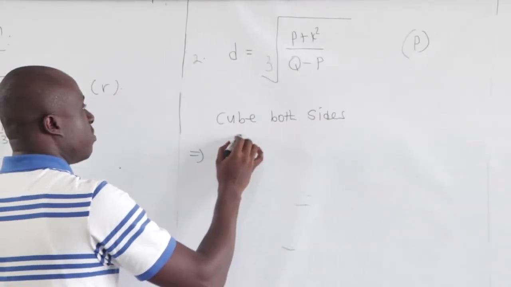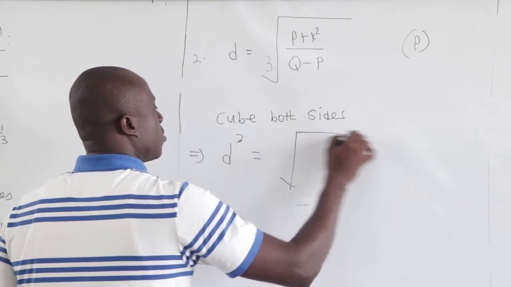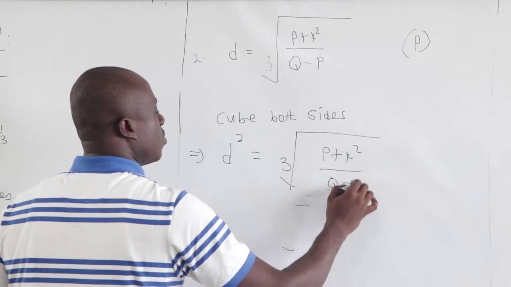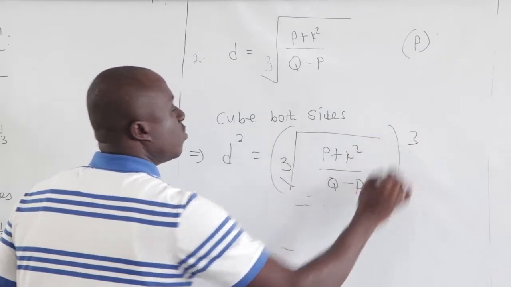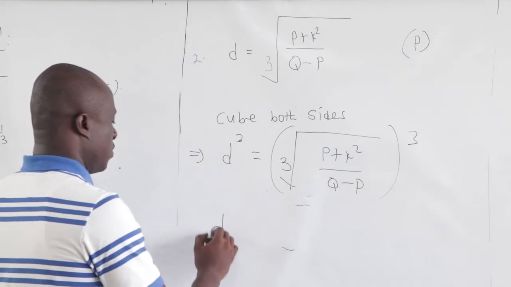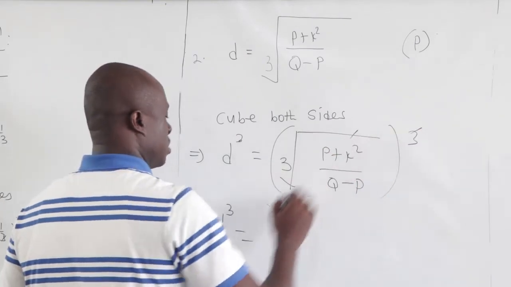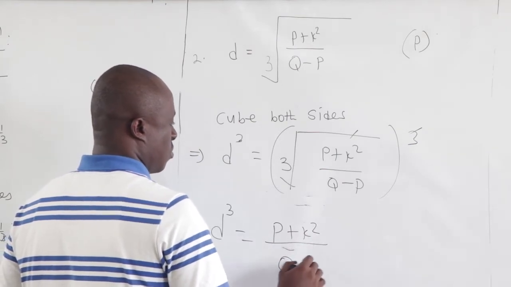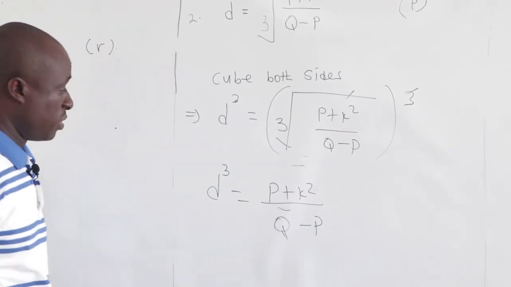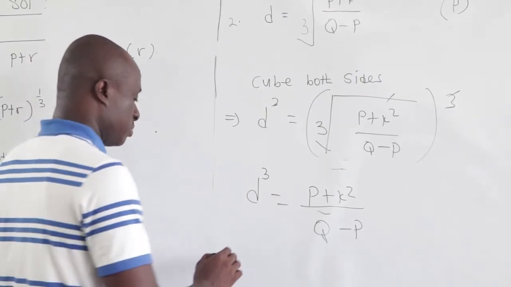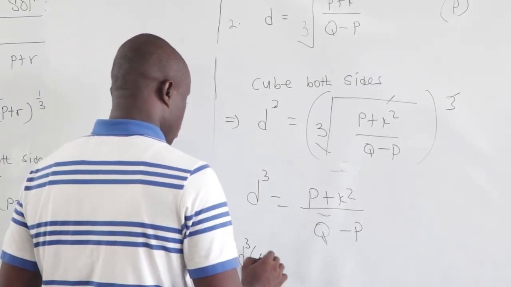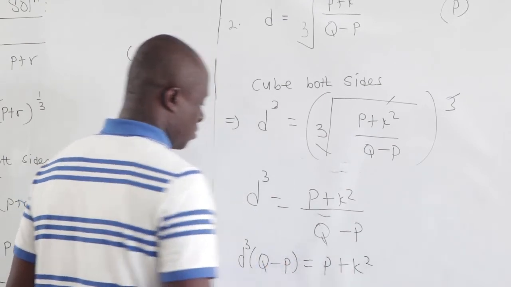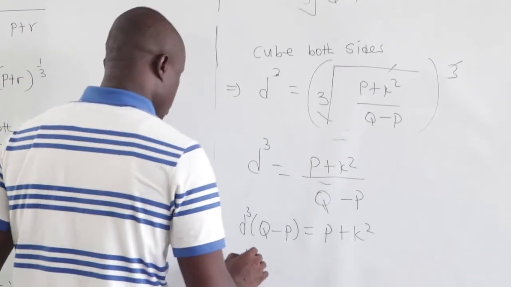So you have d to the power 3 equal to p plus k squared all over q minus p. Now this will cancel that. So you have d to the power 3 equal to p plus k squared all over q minus p. We want to make p the subject, so we cross multiply. We can expand from here.